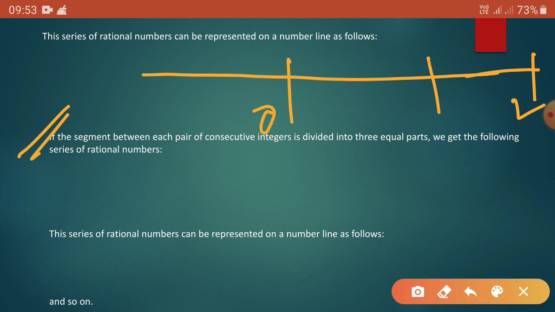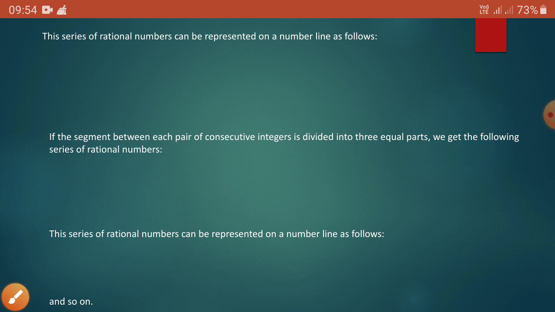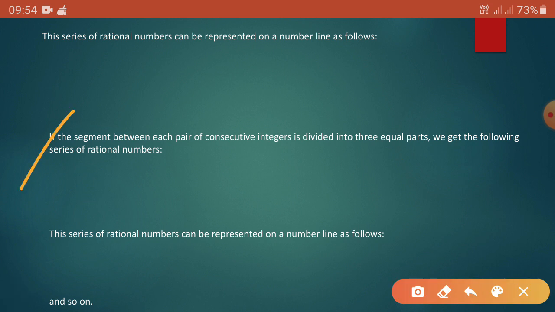Here, dividing the segment between a pair of consecutive integers into two equal parts, that's why we are getting 1 by 2. As we are dividing by 2, all the times below it will be 2. But here in this question we are taking three equal parts. So how to do that?